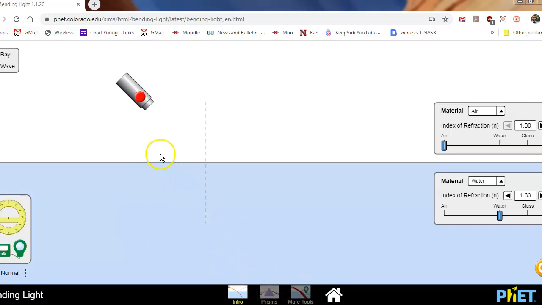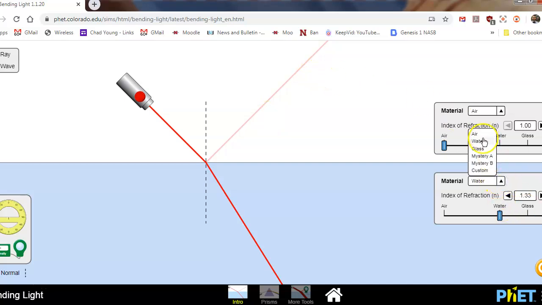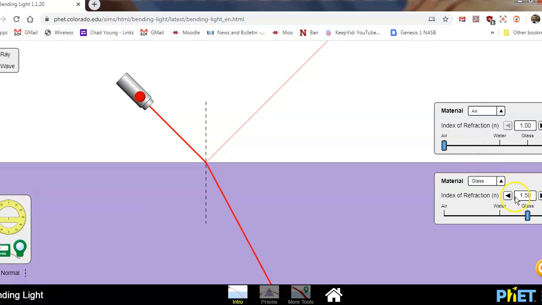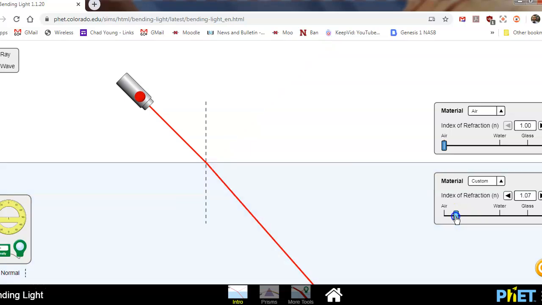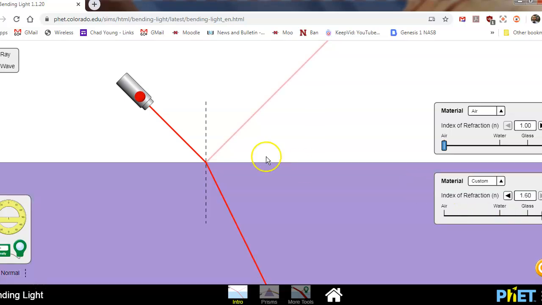Pick the intro and you'll see something like this. You have a little laser here, you turn it on, and you can see it refracts through this material and it reflects off of this material. You can switch what the material is, just pick a different index of refraction and see how that changes things.